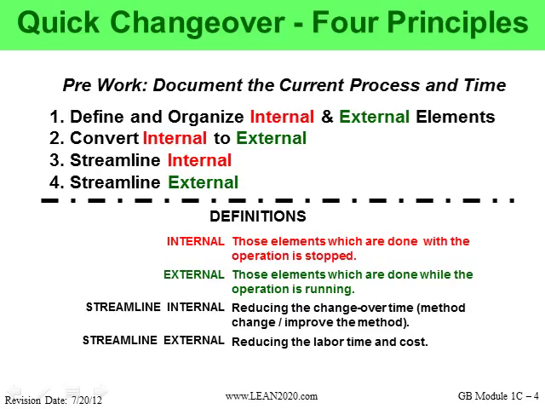Next, we want to streamline the internal elements of the process. Streamlining may be to not just have those tools available, but to have those tools readily available, properly identified, so that when we do grab those tools, that we're grabbing the right tools.